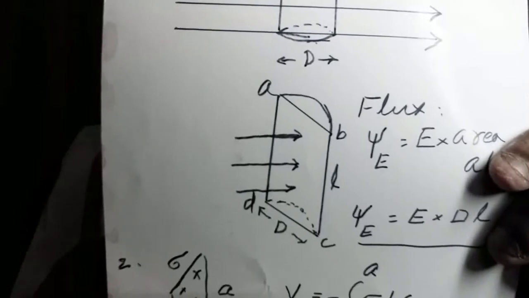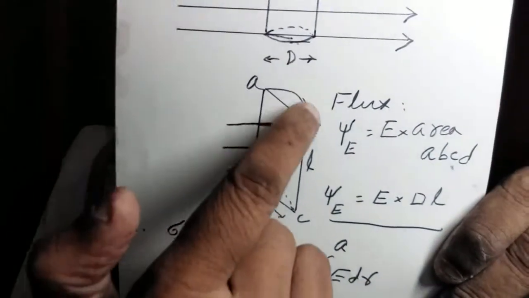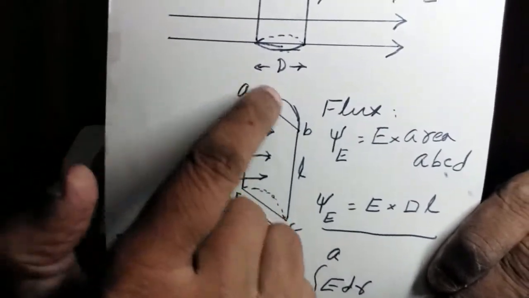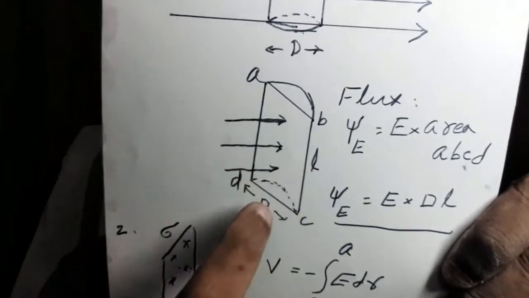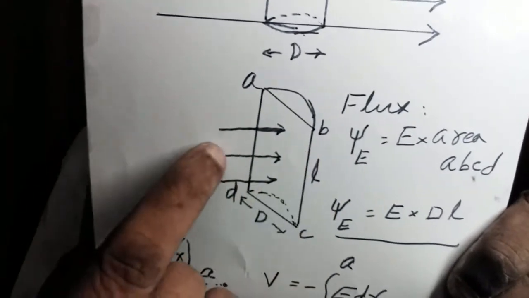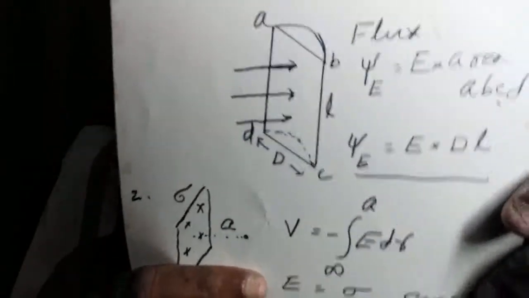So if E is constant, the electric field is uniform, you can find the total flux by multiplying intensity and area of the surface, that is E into A. Here A is L into D, this is a rectangle, so area is length into breadth, L into D or D into L. That into E is the total flux entering.